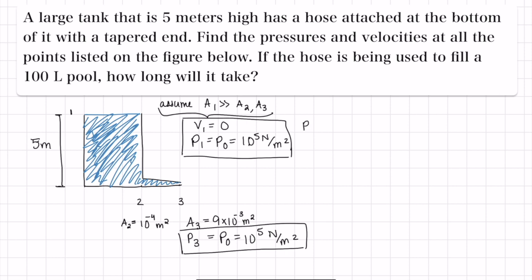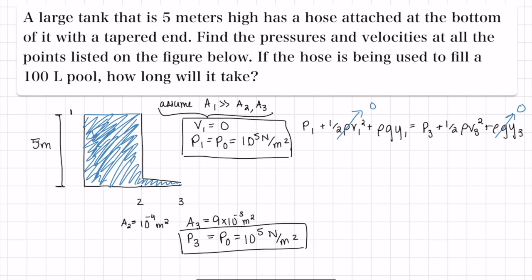So we can use P1 plus 1/2 rho V1 squared plus rho g y1 equals P3 plus 1/2 rho V3 squared plus rho g y3. So we already know that our V1 is equal to 0. We can go ahead and also say our V3 is equal to 0. If we want to call our y1 5, then our y3 would be 0.